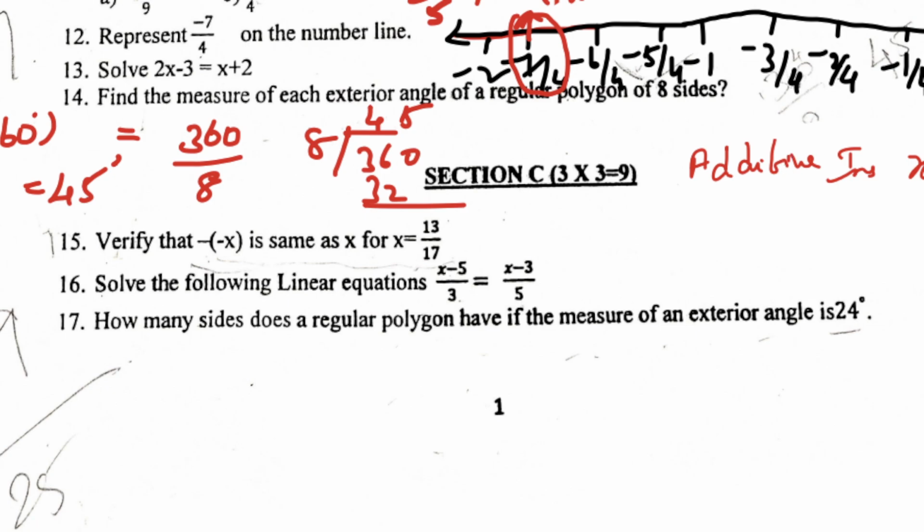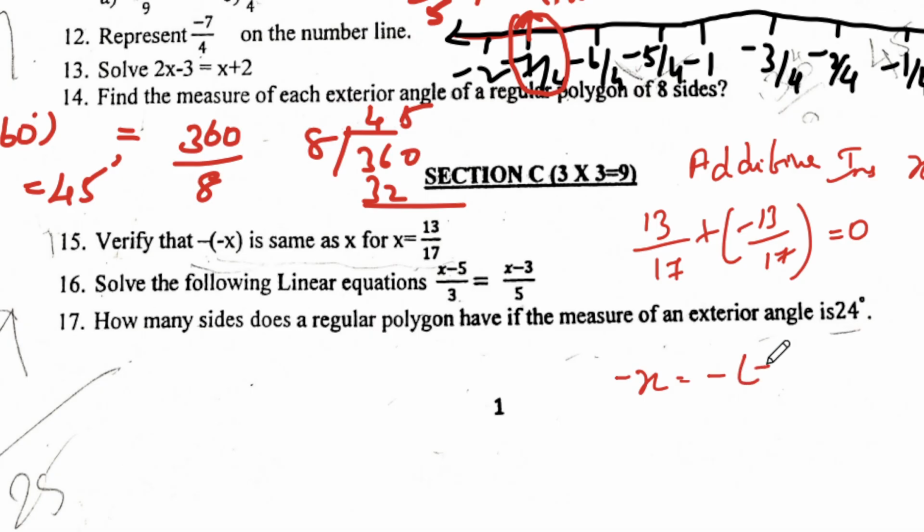So which is equal to minus 13 divided by 17. So 13 divided by 17 plus minus 13 divided by 17, which is equal to 0. So additive inverse of minus x, which is equal to minus into minus x.